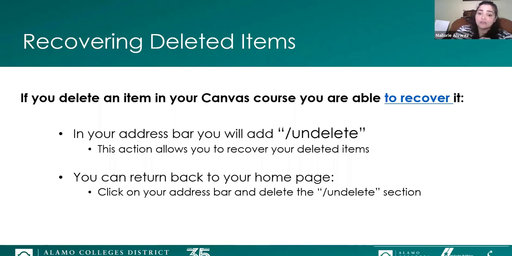And this action allows you to recover any items that were deleted in that particular Canvas course. And then when you want to return back to your home page, again, you would go to your address bar and you would erase that / undelete section, and then that will bring you back to your home page. So it's a pretty awesome ability to utilize.